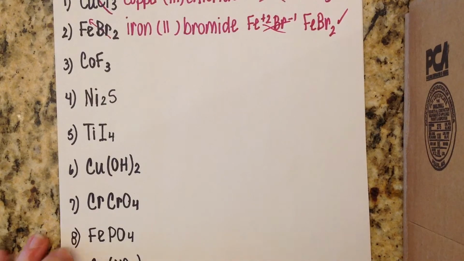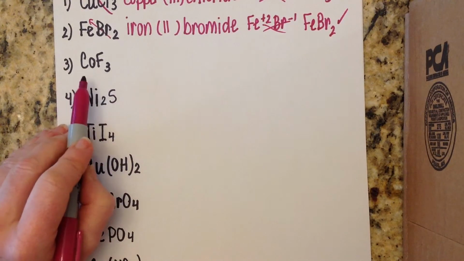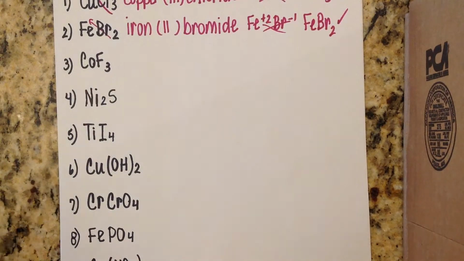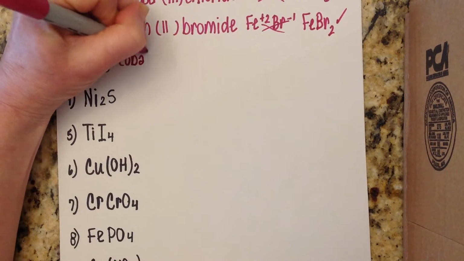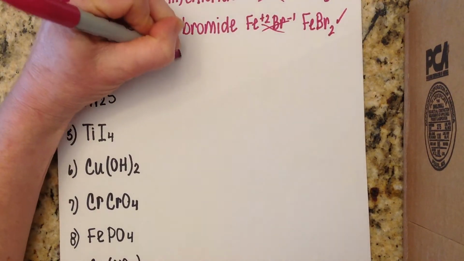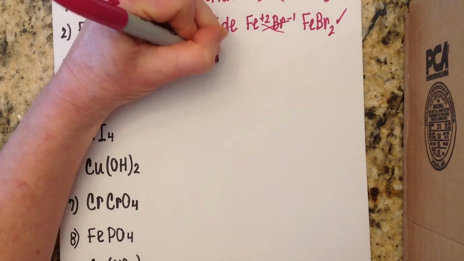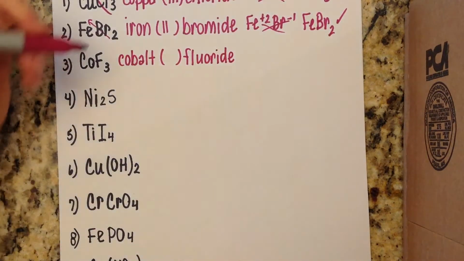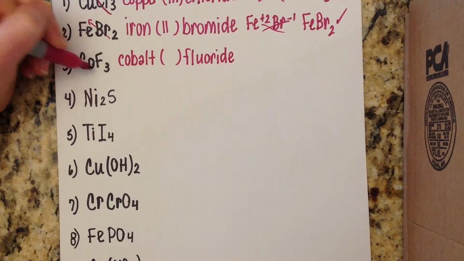So let's look at this next one. Co is cobalt. That's going to be fluoride. That's a transition metal, so I know I'm going to have to use Roman numerals, so let's just go ahead and write down what we know. Cobalt, something, fluoride. All right, fluorine has a -1. There is a 1 here, so this to this matched.